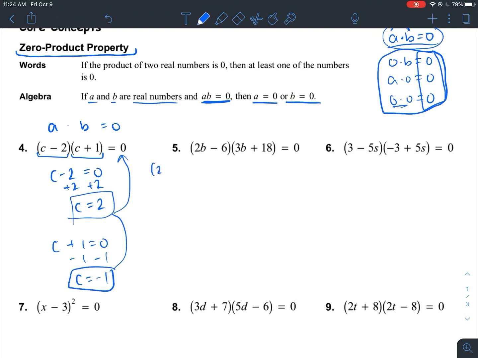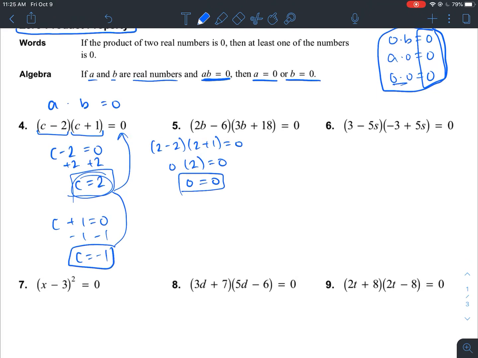So I'll put 2 in for c. 2 minus 2 is 0, and then 2 plus 1 is 3. Well, 0 times 3 is 0. So we have a true statement. If we plug 2 into our polynomial equation, we get a true statement. Therefore, this is a solution to our equation.